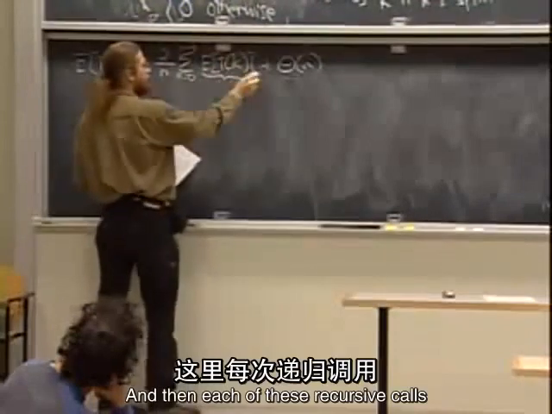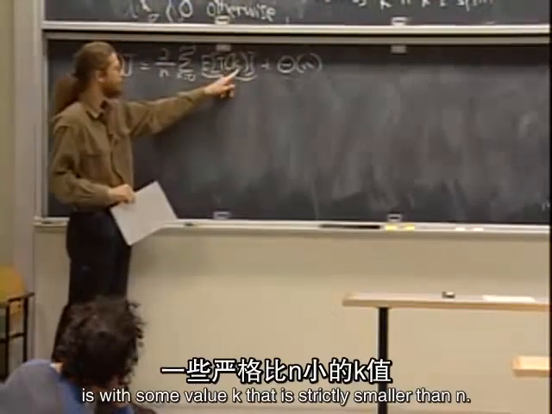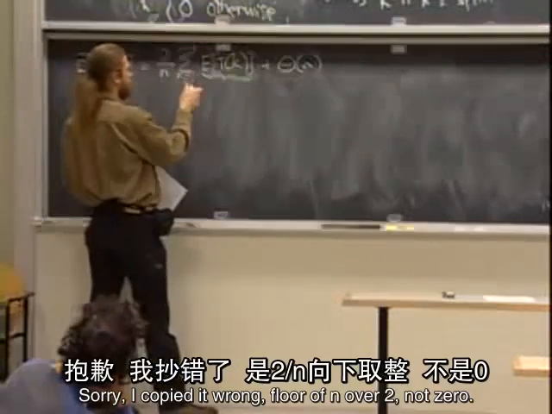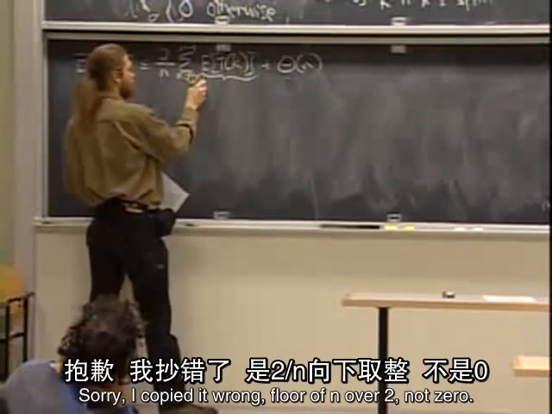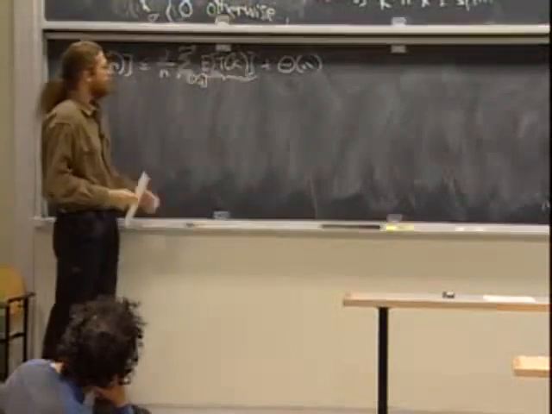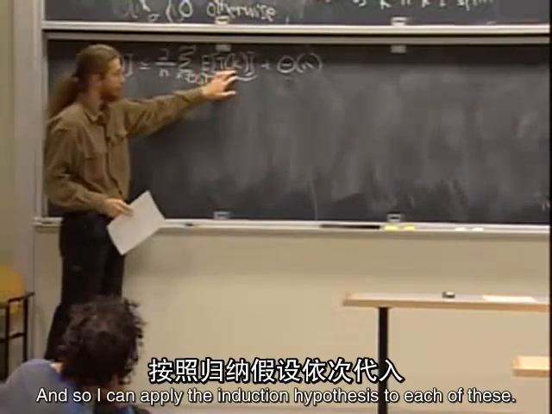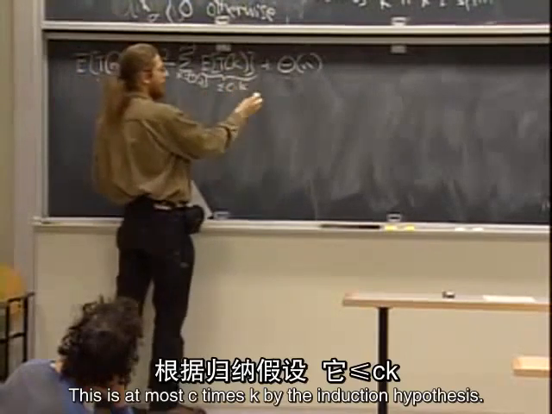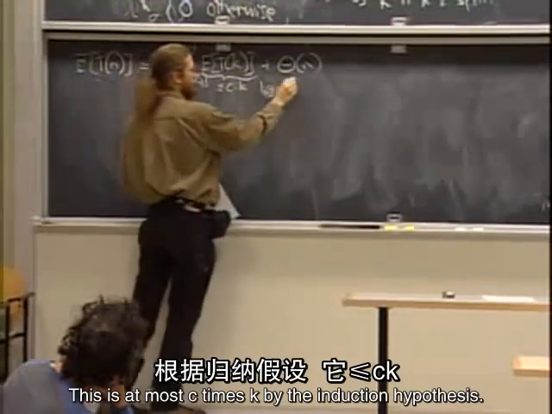Okay, and then each of these recursive calls is with some value k that's strictly smaller than n. Sorry, I copied it wrong. Floor of n over 2, not 0. And so I can apply the induction hypothesis to each of these. This is at most c times k by the induction hypothesis.